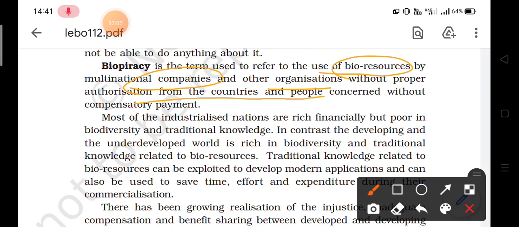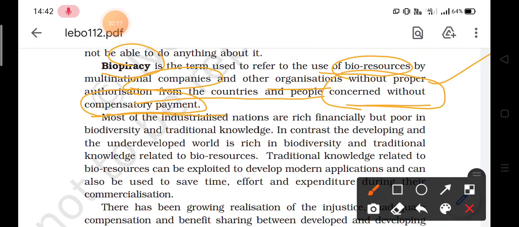Doing this type of activity is known as biopiracy, done without any compensatory payment, meaning they are not paying anything for taking those species and using them under their name.